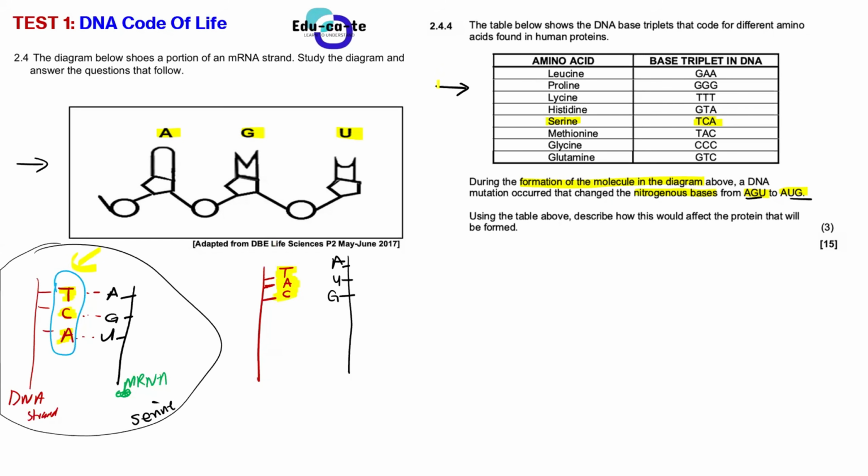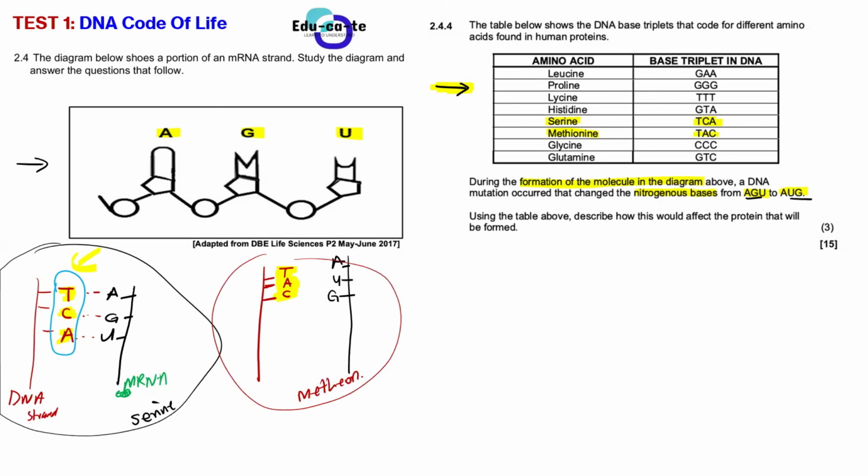Since we are given a table that has a DNA-based triplet and the amino acid being coded for, you look for which amino acid this TAC is coding for. Methionine. So instead of coding for serine at first, we are now coding for methionine.